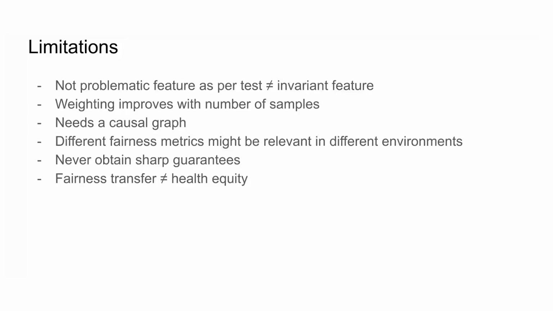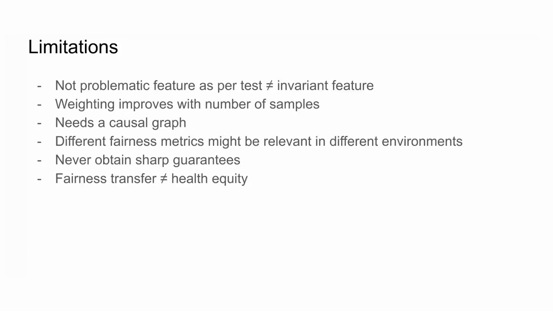So it means that if we rely on them, it's not necessarily going to mean that our model will abide by those relationships that we would want. We've also seen that the weighting scheme that we're using gets more faithful when we increase the number of samples. So obviously, there's a bit of a compromise here.